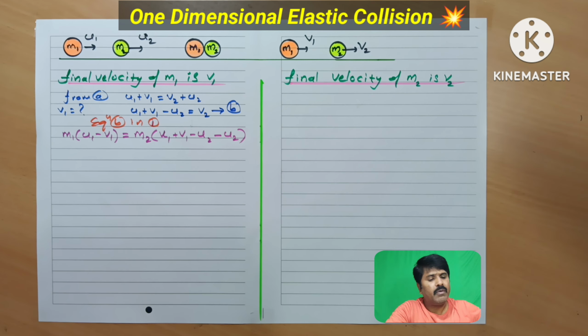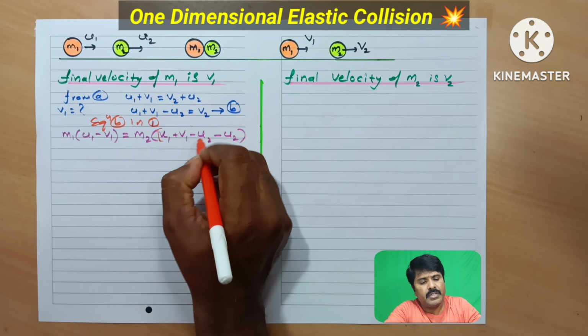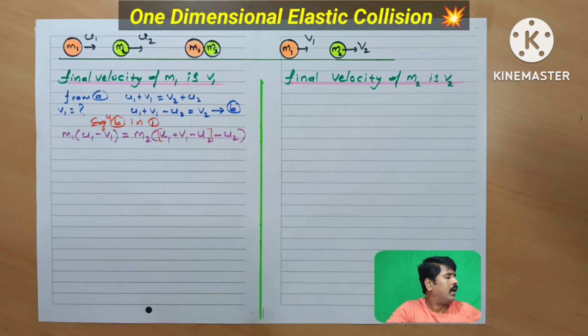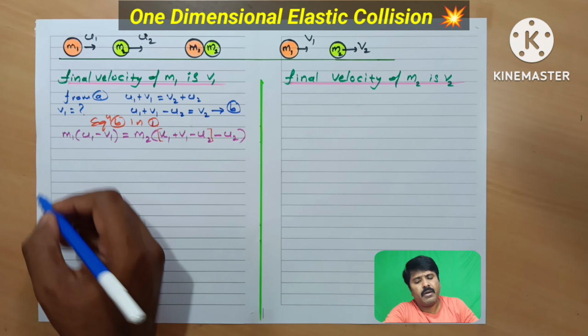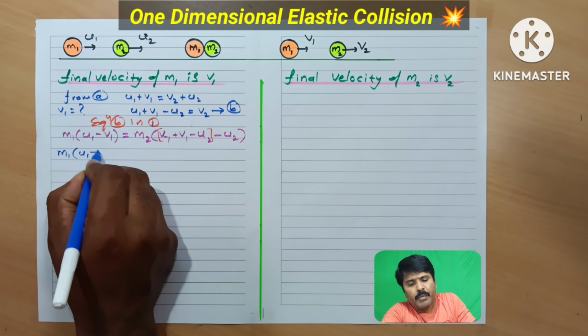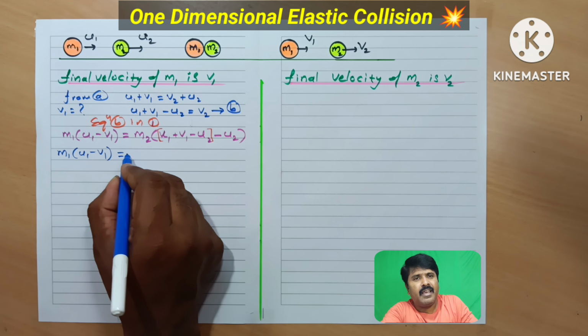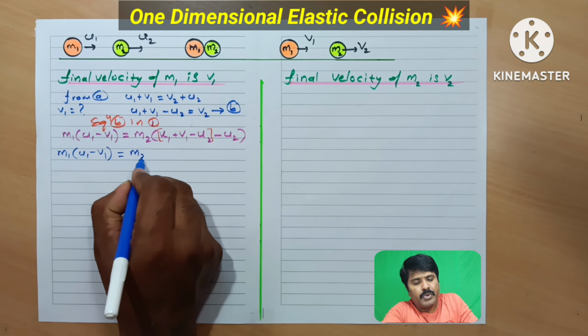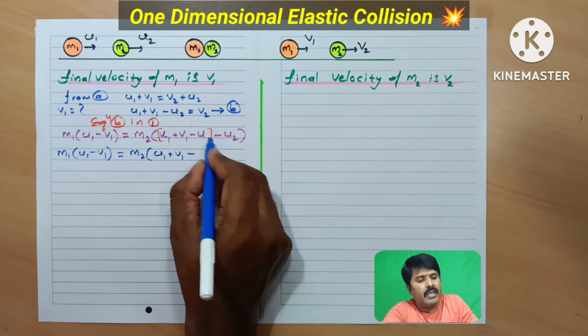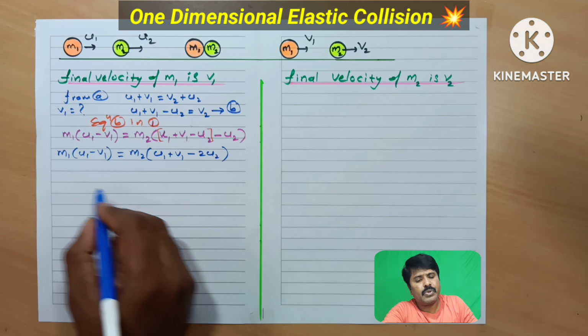So the replaced value is this. Okay, and the continuation step is here: m1 of u1 minus v1 which is equal to m2 of u1 plus v1 minus 2u2, student.